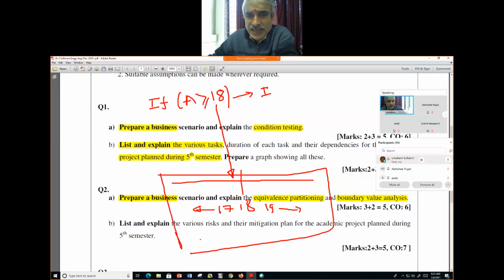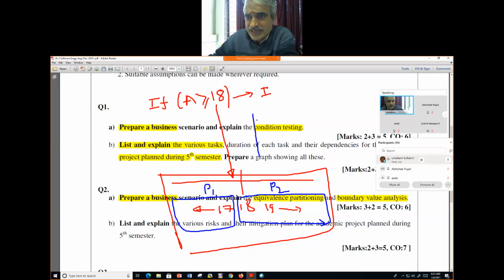When you say greater than or equal to 18, that entire range is one partition, P1. Other than this is another partition, P2. It is a simple example, and we take one representative from each.